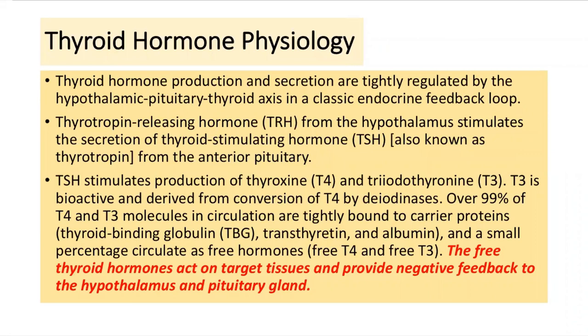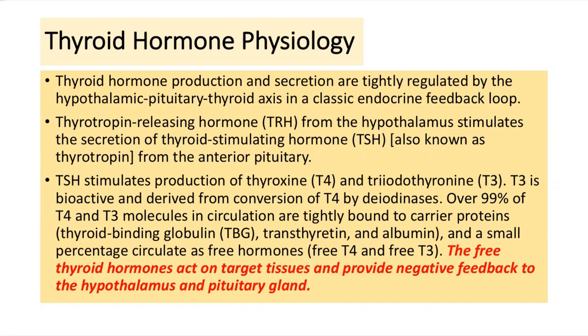So, thyroid hormone production and secretion are tightly regulated by the hypothalamic-pituitary-thyroid axis in a classic endocrine feedback loop. Thyrotropin-releasing hormone from the hypothalamus stimulates the secretion of thyroid-stimulating hormone.